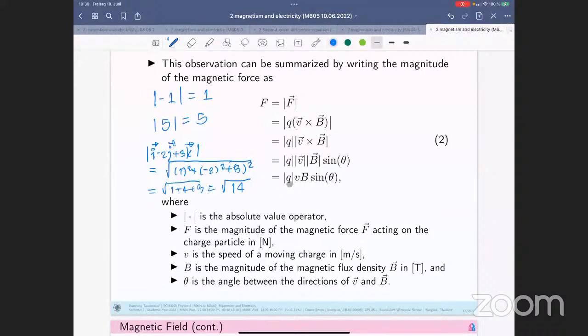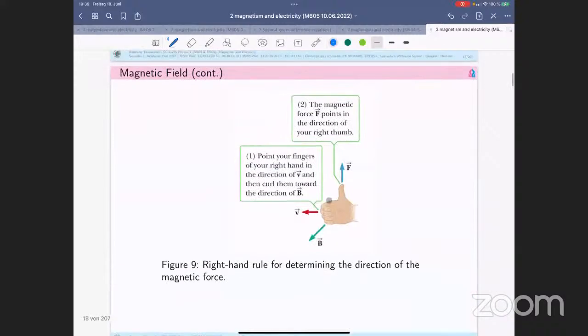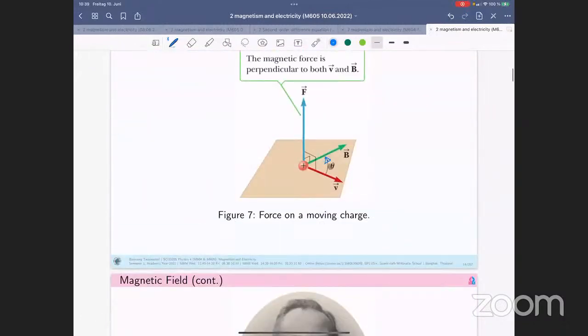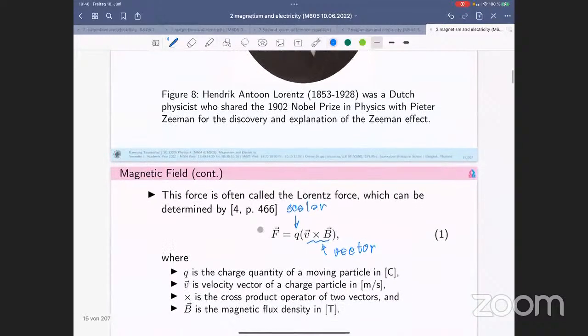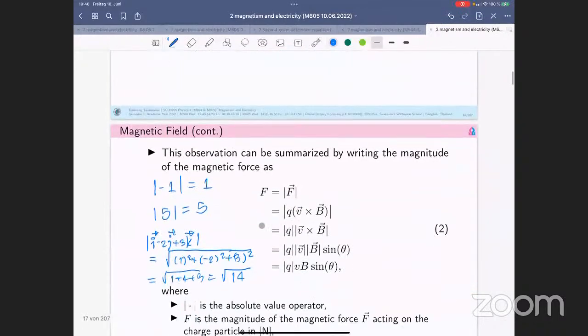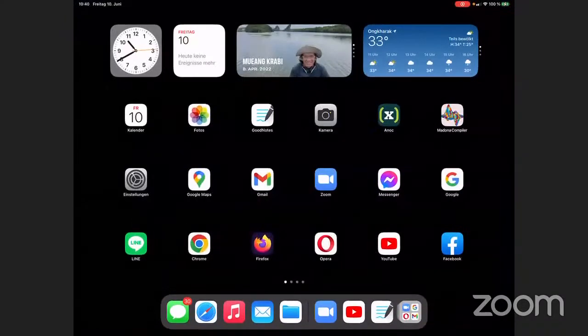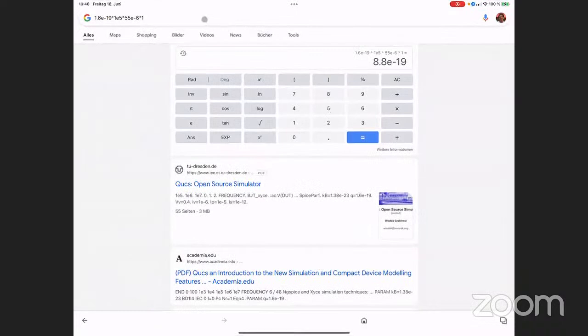The charge is fixed. The velocity of the particle can be measured, and the magnetic flux density can also be known. But the angle can be varied. You can choose whatever direction to let the particle move. So theta is the one that can change. So what is the maximum value for the sine function then? So let's go to this one.